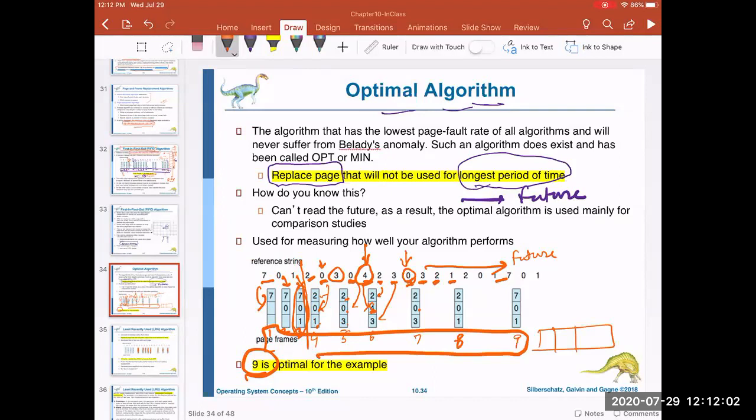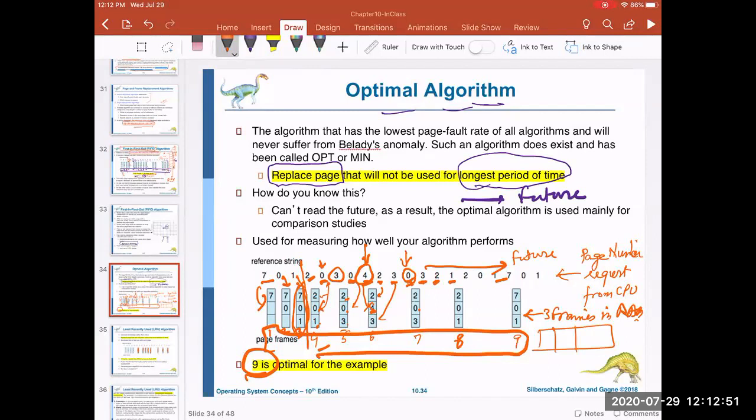The sequence was 7, 0, 1, 2, 0, 3, 0. What are these? These are the page number requests from the CPU. Whenever there is a page number request and we have only 3 frames in RAM, if the page is in the memory, then there is no page fault. If the page is not available in the memory, then there is a page fault.